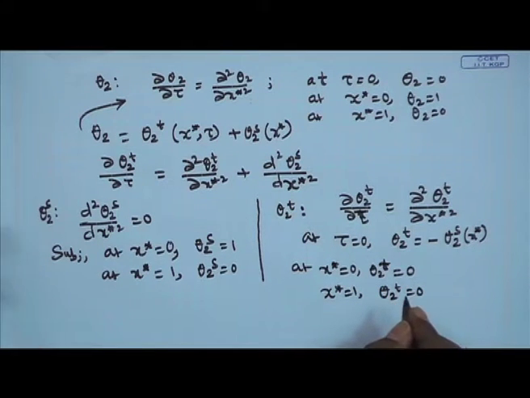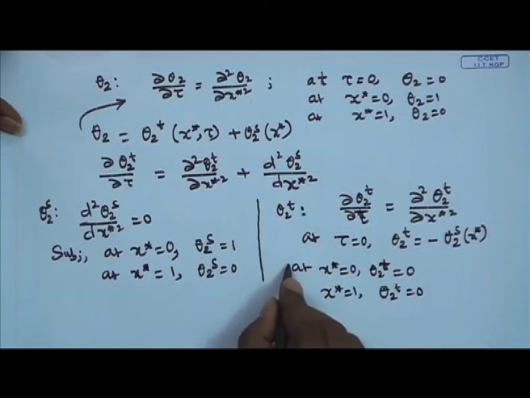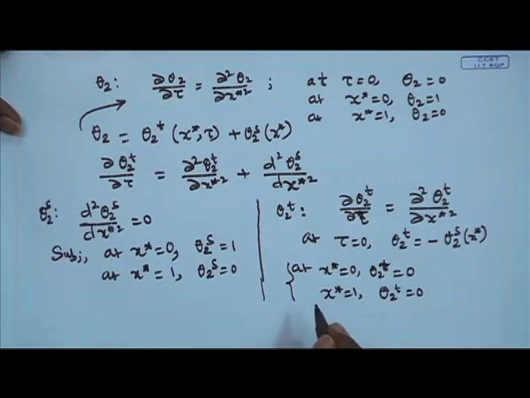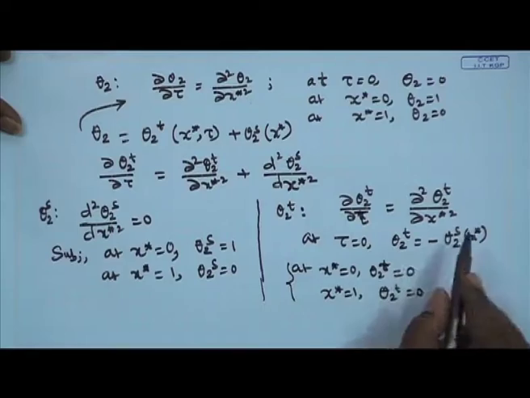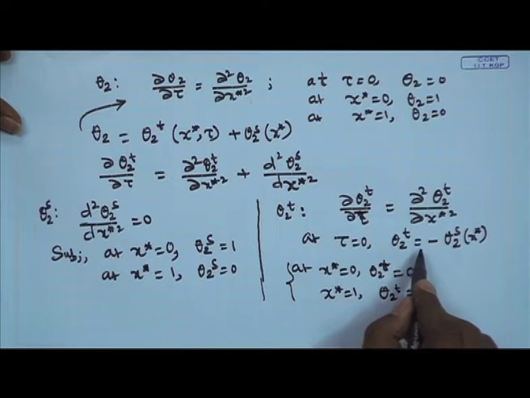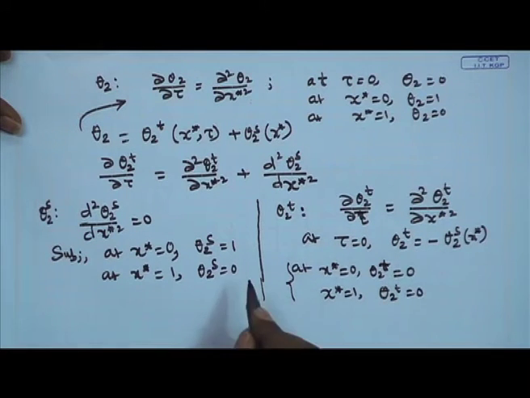So I made the boundary conditions of the transient part to be homogeneous and the initial condition to be non-homogeneous.